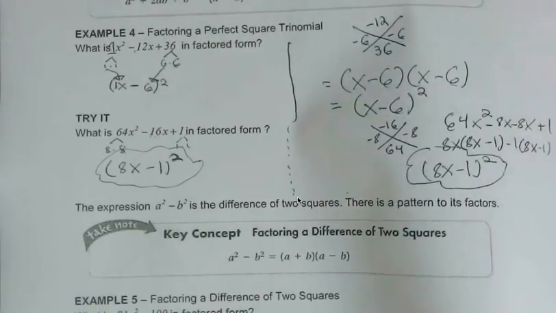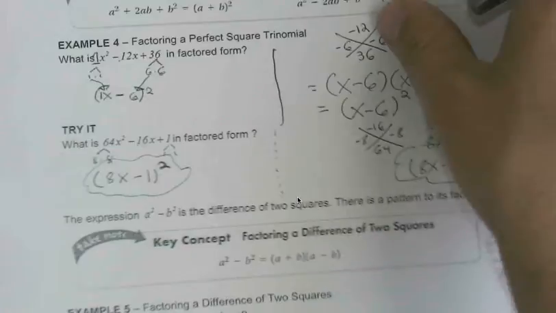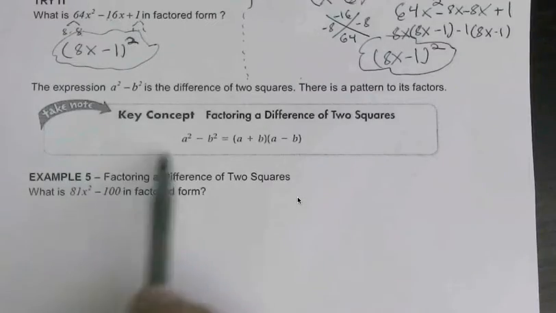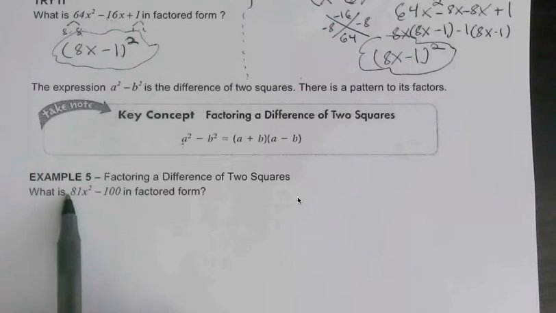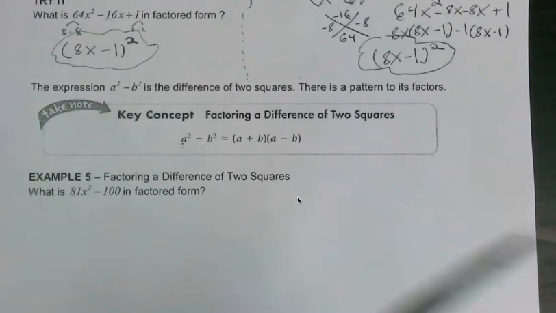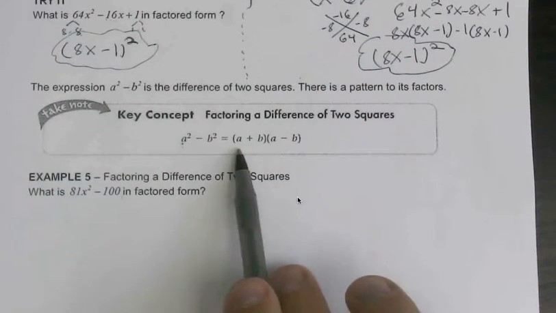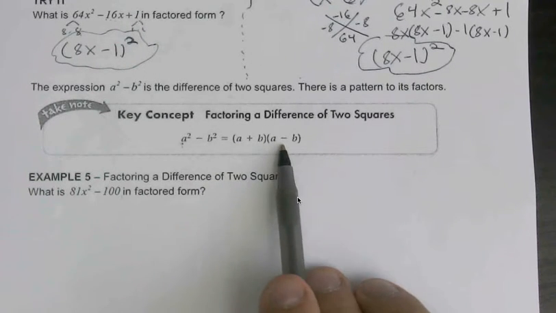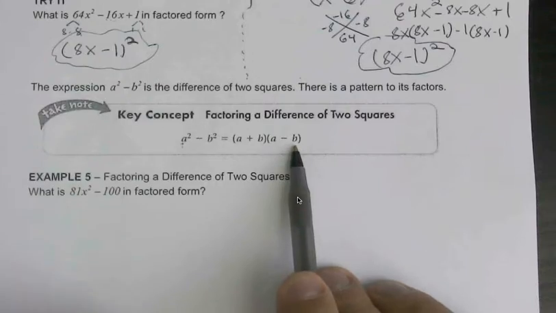We then see the idea of the difference of two squares, where similar to perfect squares, we have terms that are perfect and can definitely be taken square roots. But the way that it's factored uses those factors where one has a positive second term, one has a negative second term.